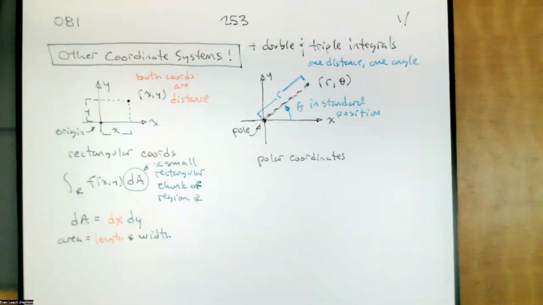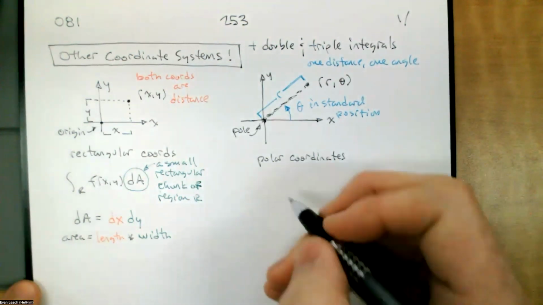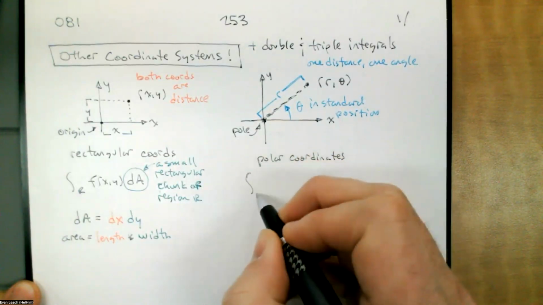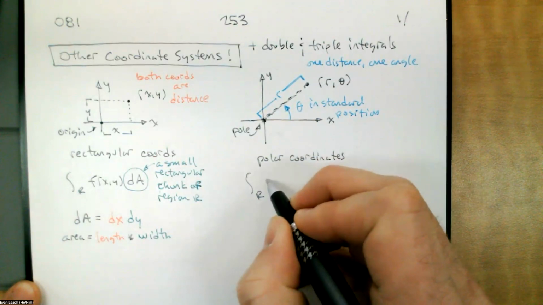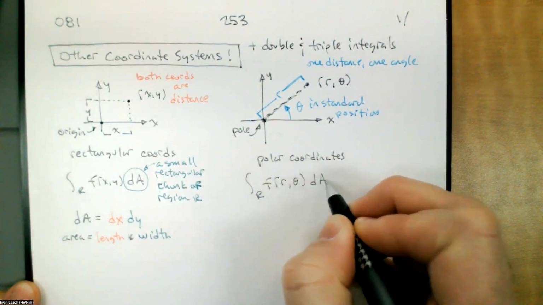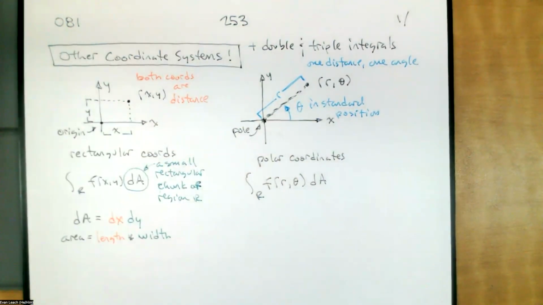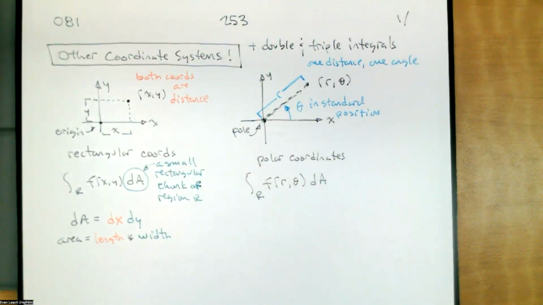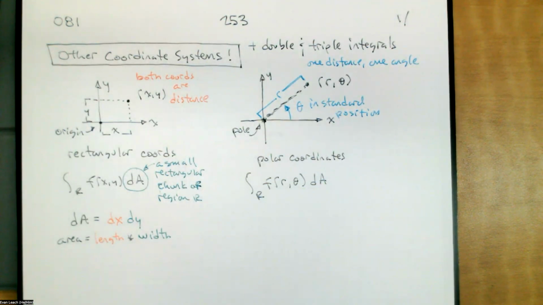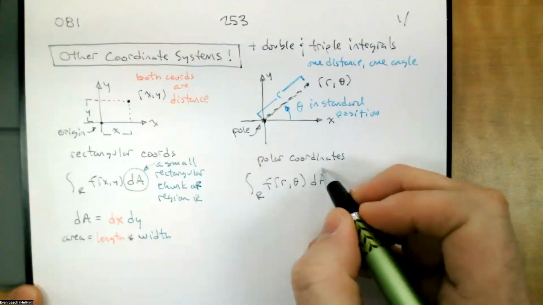In polar coordinates, it's not so fine. So if I set up a double integral in polar coordinates, dA is still a small, almost rectangular chunk of the region R. dA still wants to be a small chunk of the region R.